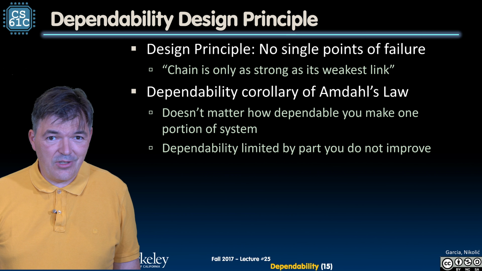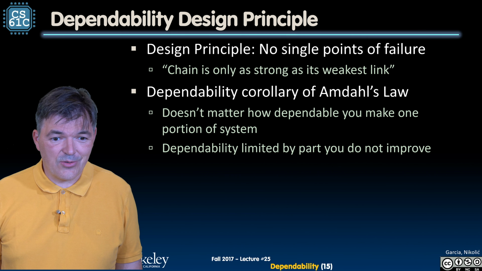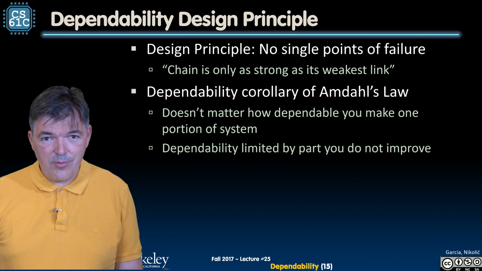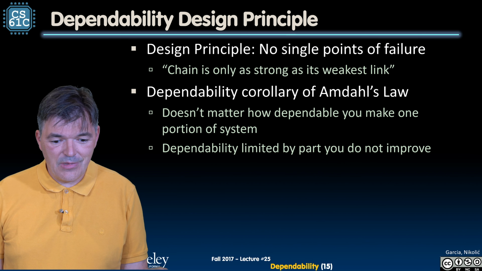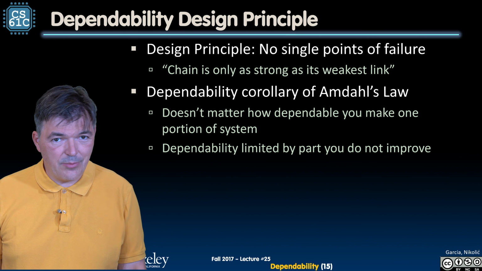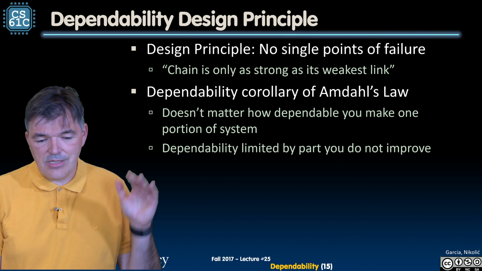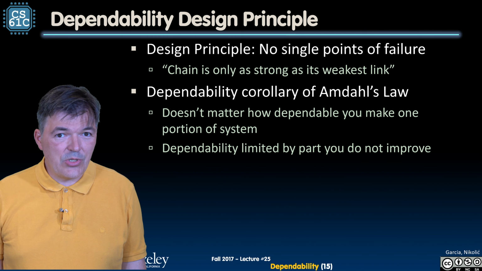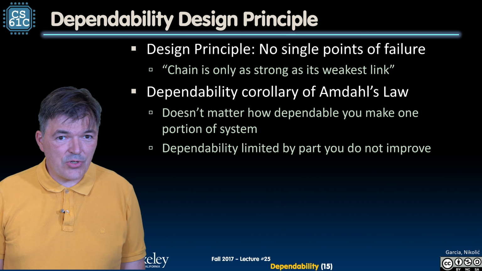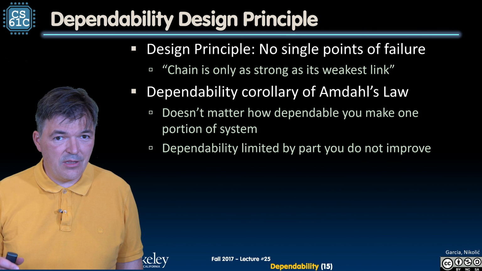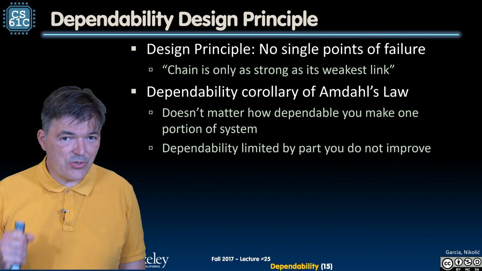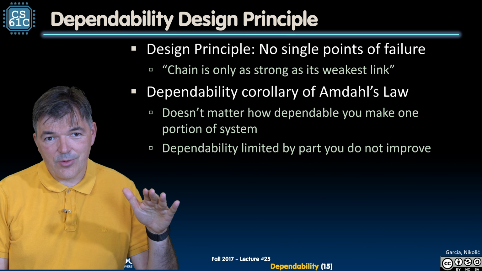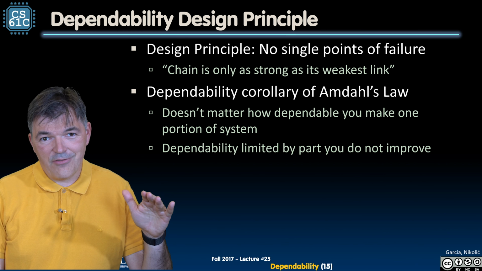It's always going to be the longest pole in the tent that is going to be sticking out. So no matter, you can keep improving the dependability of one component, but the one that is the least dependable is going to dominate. So we generally have to be measuring that for the whole system and make sure that the least reliable component, or least dependable component, is dependable enough.